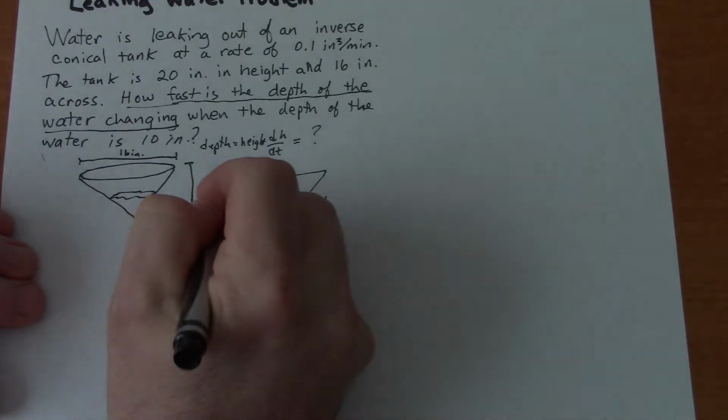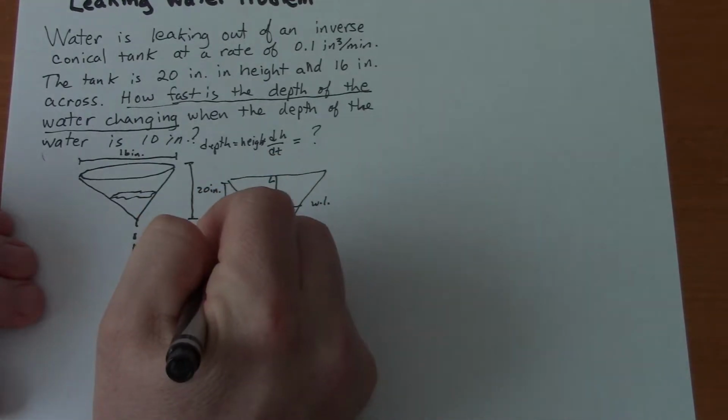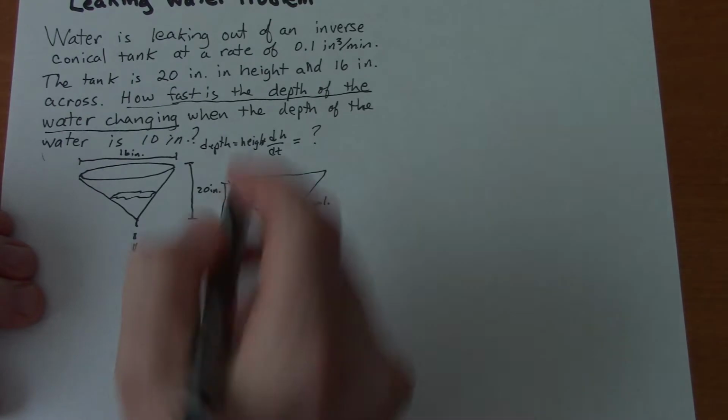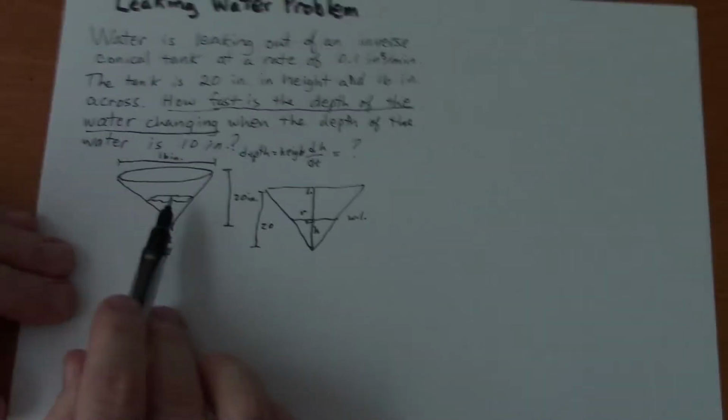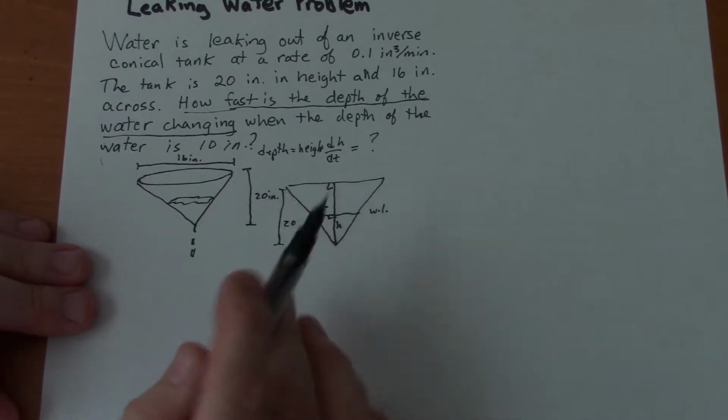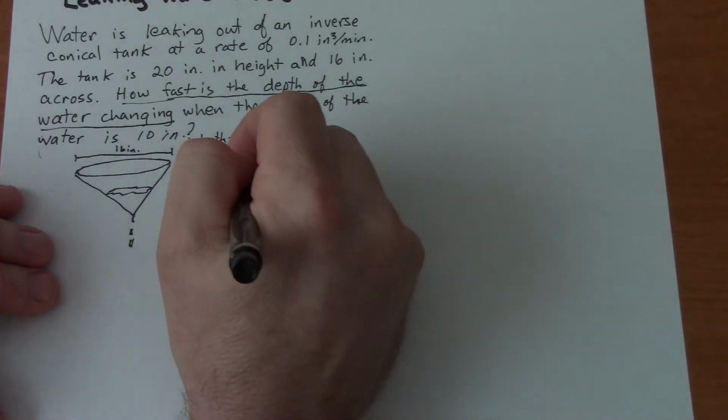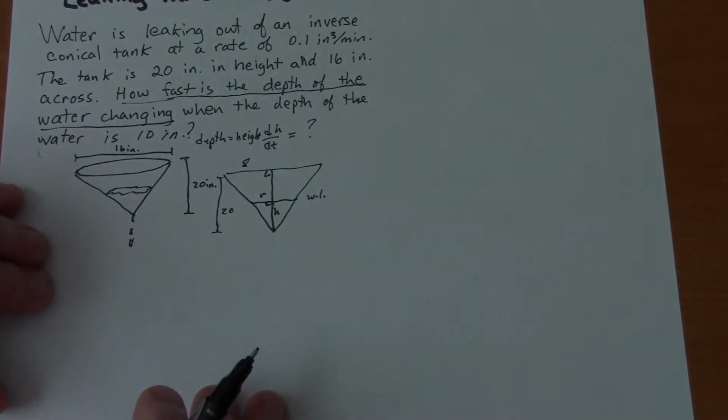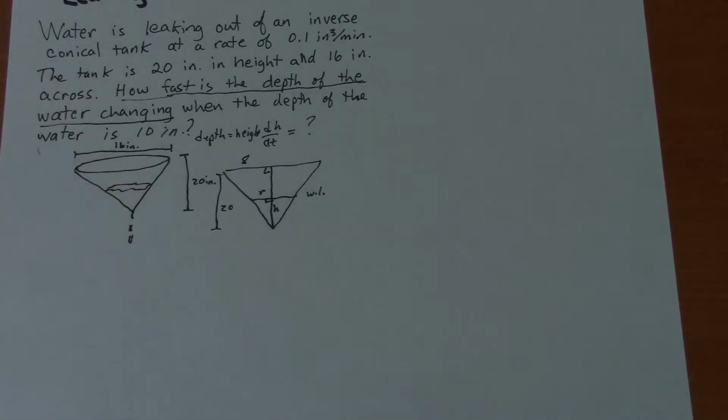We also know that the height of the tank is 20, and the diameter was 16, so the radius here is going to be 8. We want radius instead of diameter because all our formulas use radius.